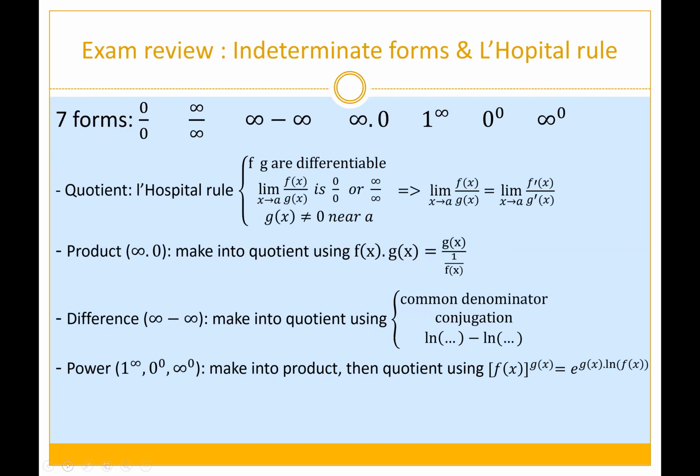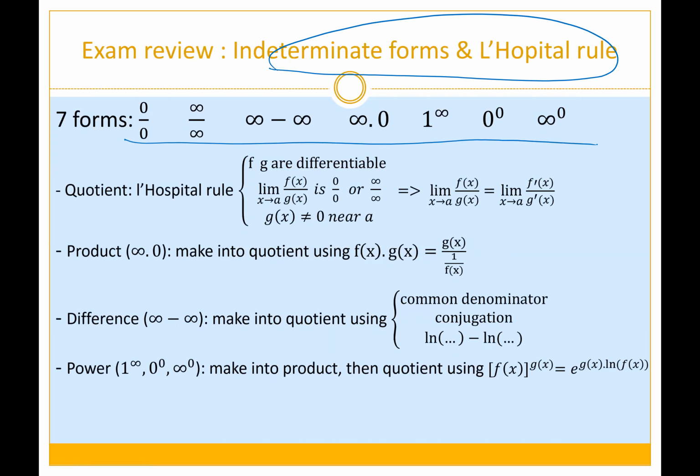So we have some of the main things in midterm 2. We have indeterminate forms and L'Hopital's rule, which is the first part of midterm 2, where we get a chance to find the limit of these 7 forms. When we plug in the boundaries of a limit, as x approaches something, and the limit is in one of these 7 forms, then you're going to either use L'Hopital's rule to solve for it or put everything in quotient form before using L'Hopital's rule.